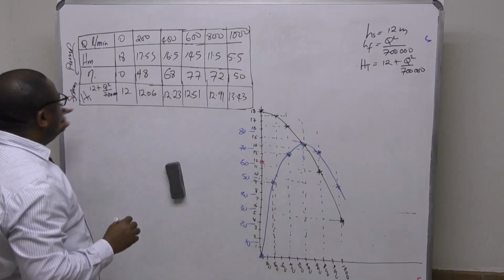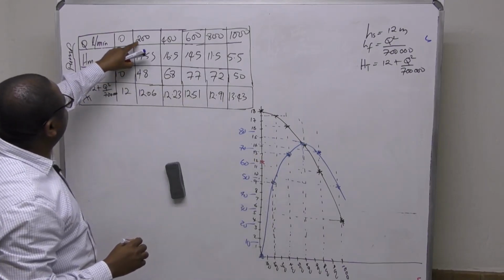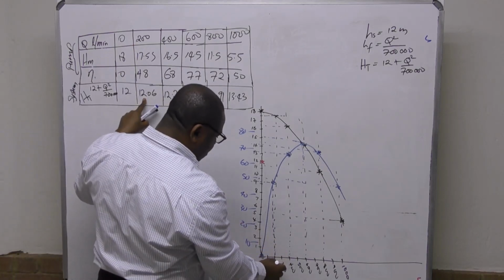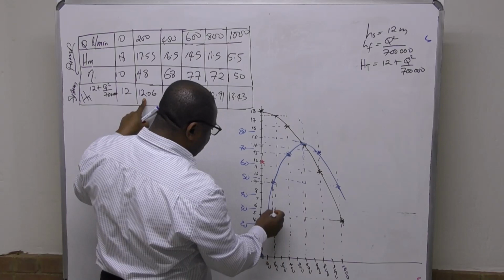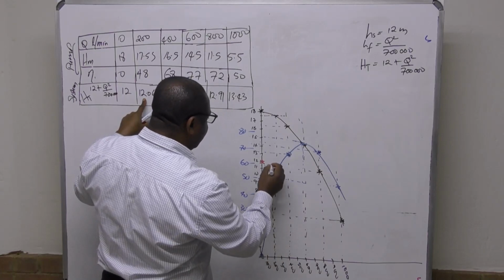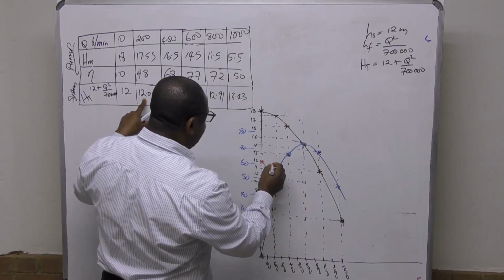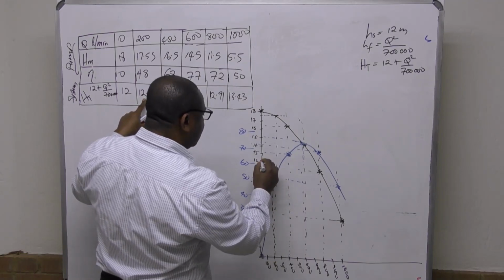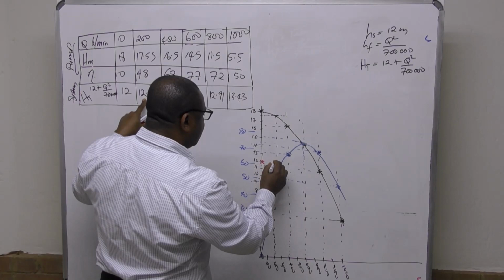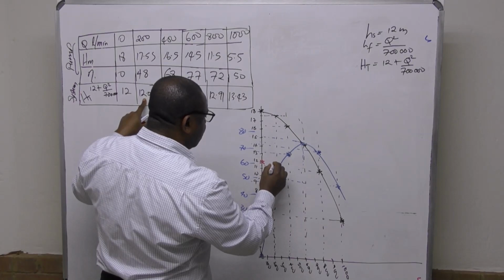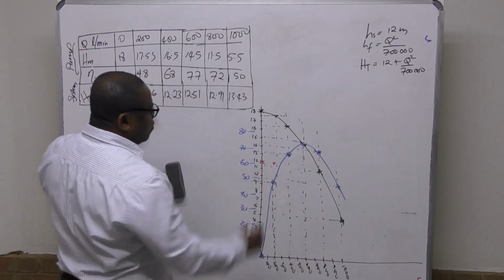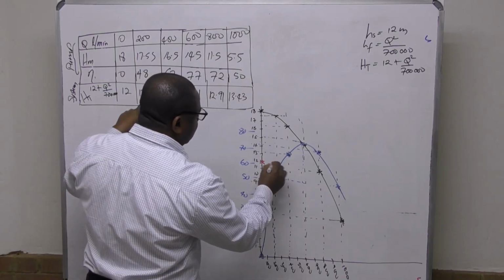When flow is 200, the head is 12.06, which is almost 12.